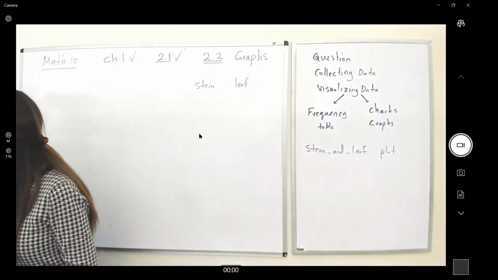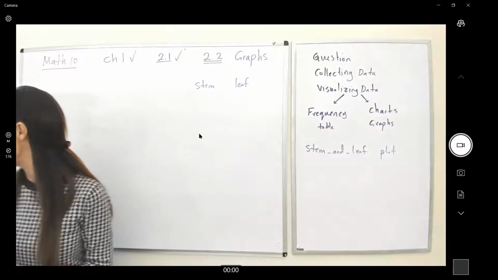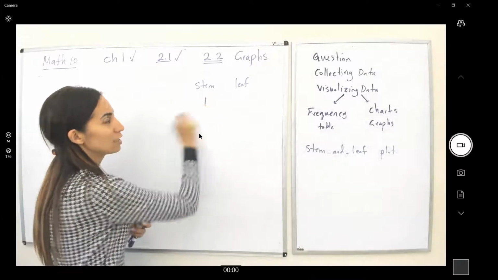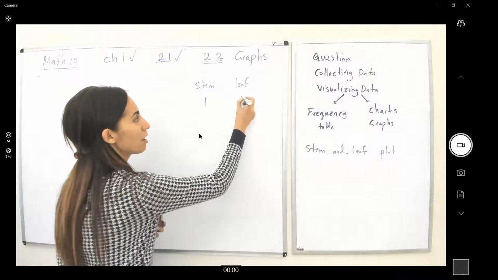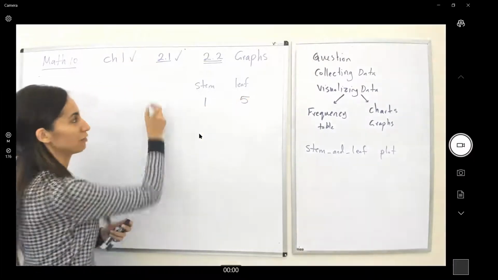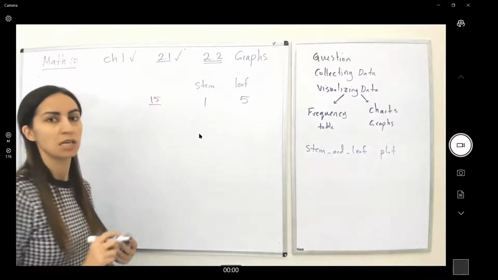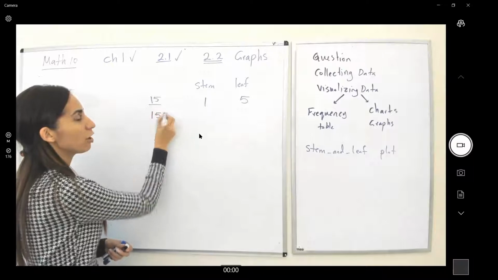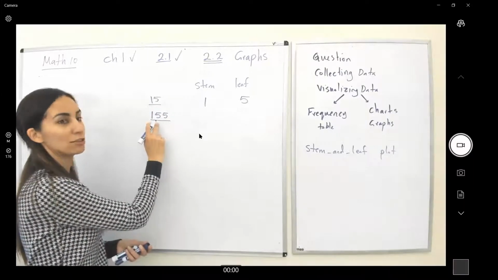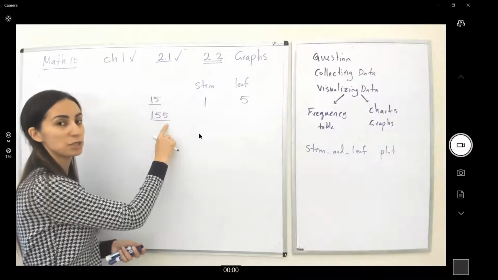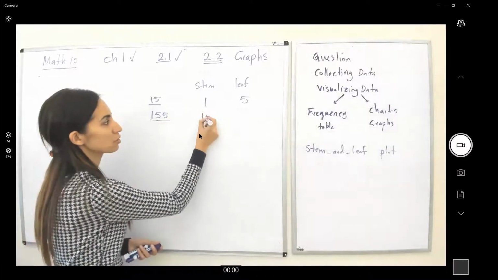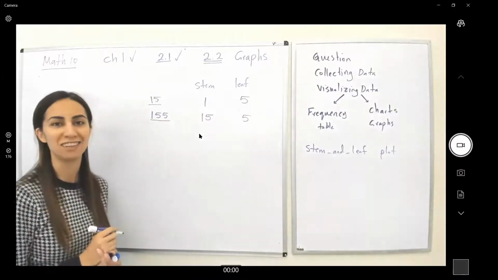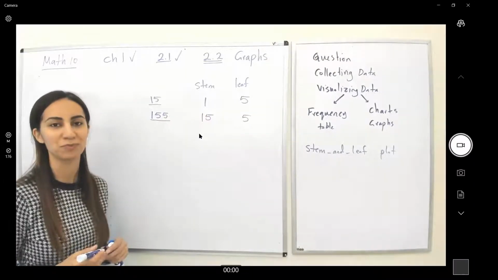If you have some number like 15, 1 is going to be the stem, 5 is going to be the leaf. If you have a number like 155, with 3 digits, 15 is going to be the stem, and 5 is going to be the leaf, and so on.